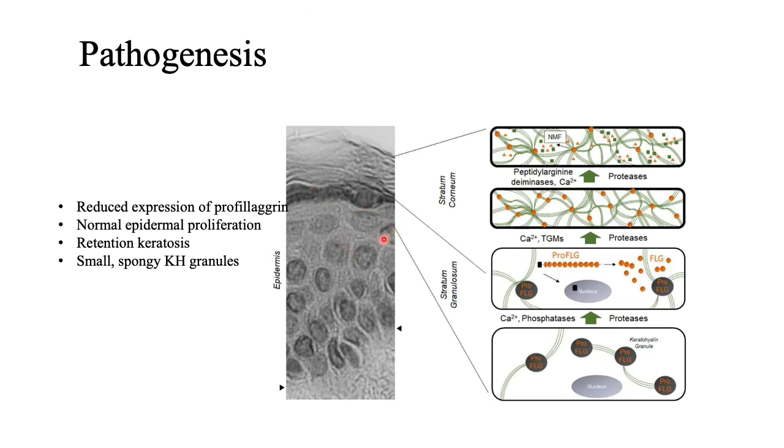Normally, what happens? The keratohyalin granules present in the stratum granulosum layer of the skin contain a protein known as filaggrin. These filaggrin proteins are derived from a precursor protein known as profilaggrin, and one profilaggrin protein can give rise to 10 to 12 filaggrin molecules by proteolysis.